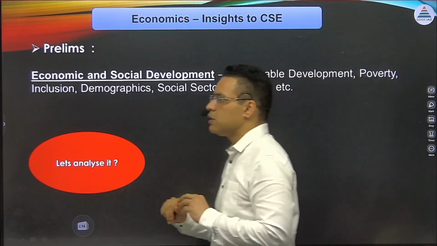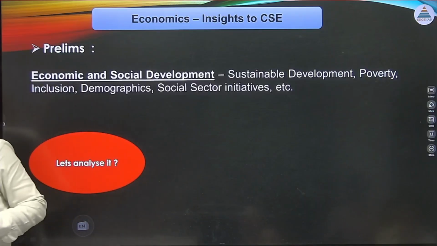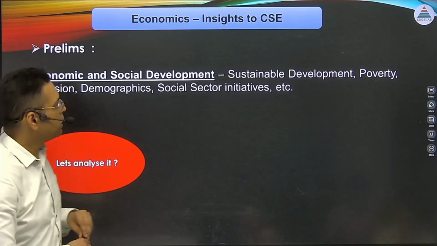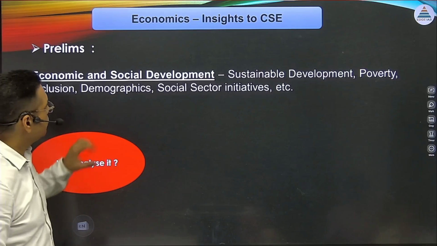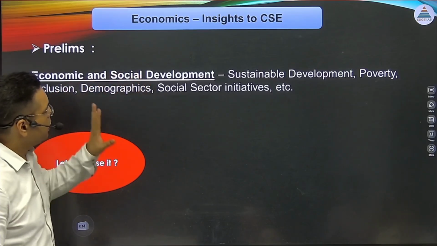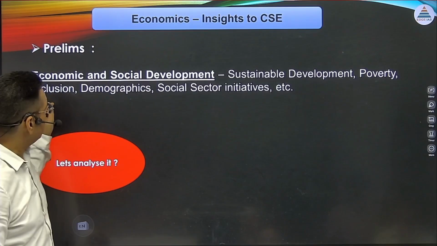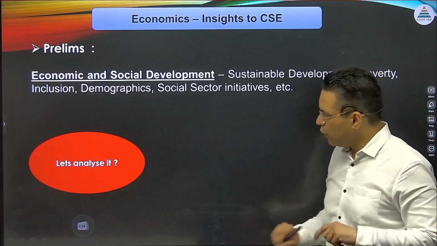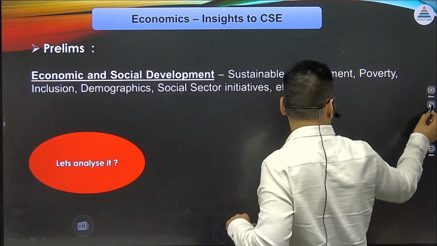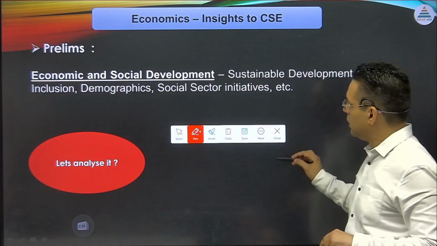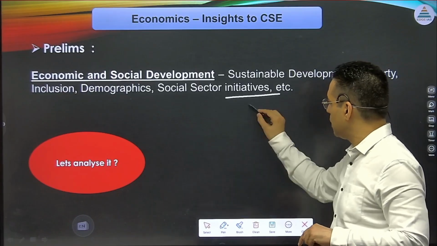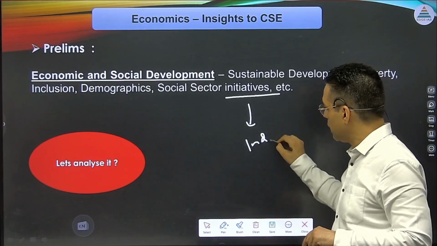Now, as I mentioned, we have two parts of the syllabus, the prelim syllabus as well as main syllabus. Okay, online students, yeah. So in the prelim syllabus, this is what they have mentioned: sustainable development, poverty, inclusion, demographic and social sector initiatives. Now, if you try to analyze this area, you'll find that mainly they are more concerned about Indian economy.